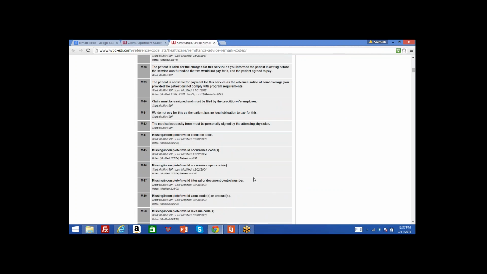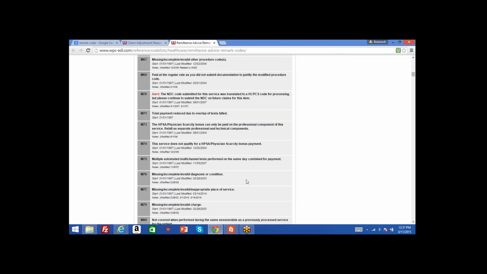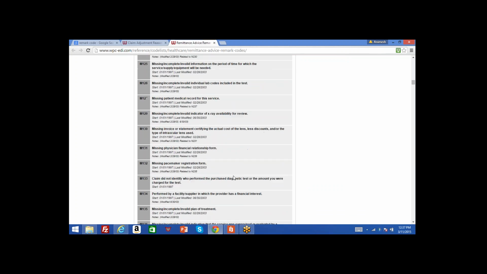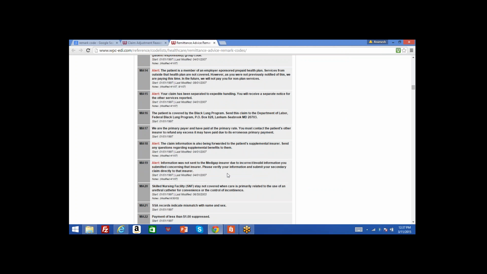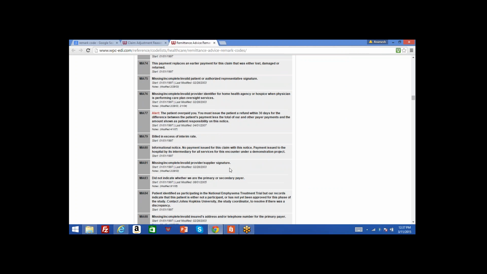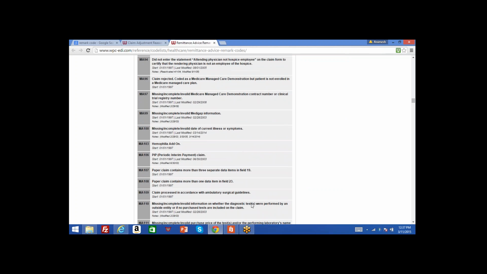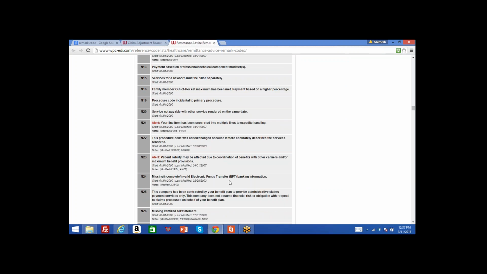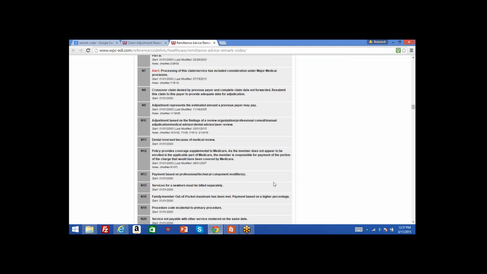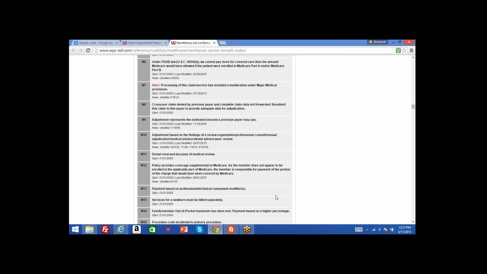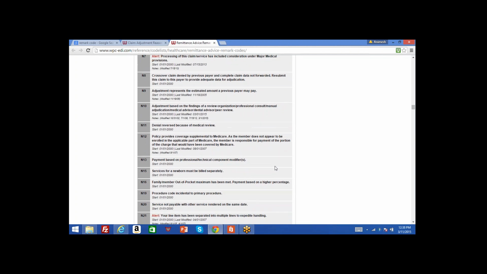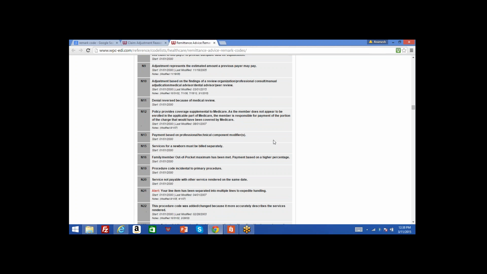Now talking about the remittance, this is exactly the same type of a message code. You see here, these are the message codes, M1, M2, M3. But these are the remark codes which need to go along with the reason code. So for example, 16 claim lacks some information, or let's say 96 non-covered services, which is the CARC code I just talked about.